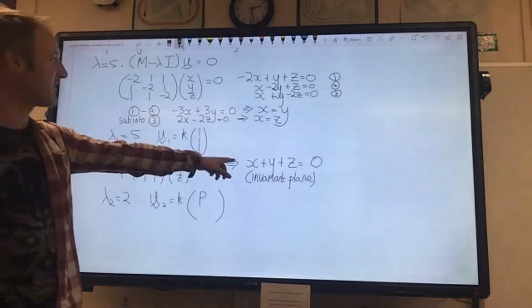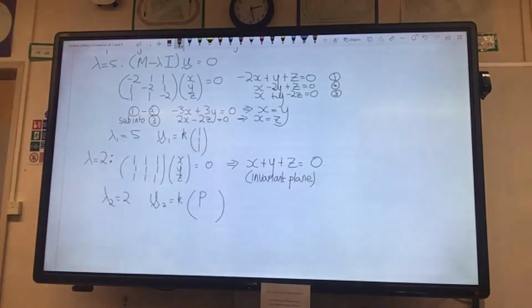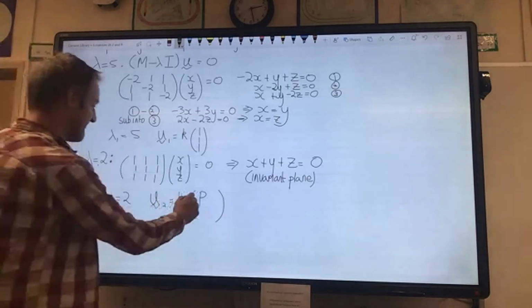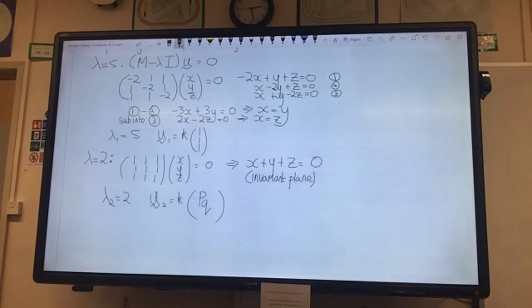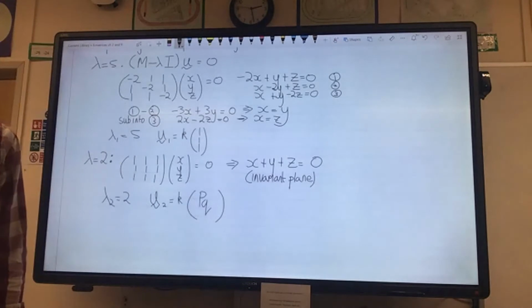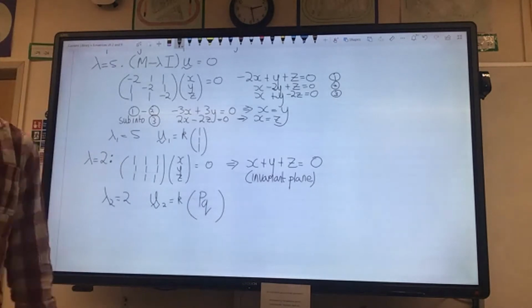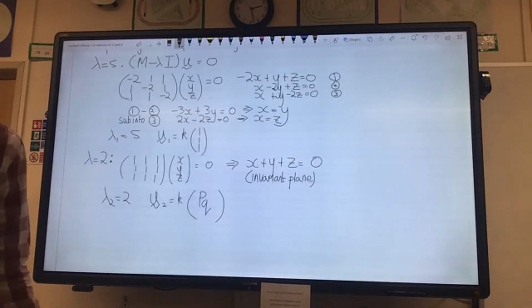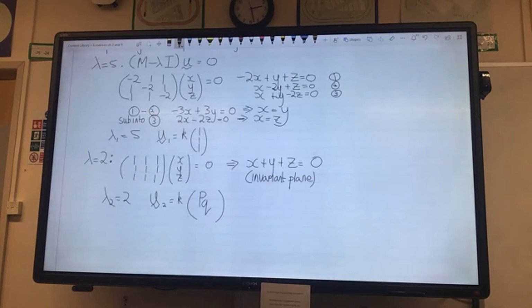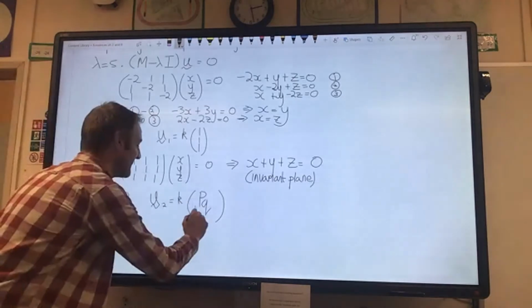Because it's got to be x plus y plus z equals 0. Okay, I'll put q for the y component. Now, you should all be able to tell me what I've got to put for the z component. Please don't say r. Minus p minus q, yeah.